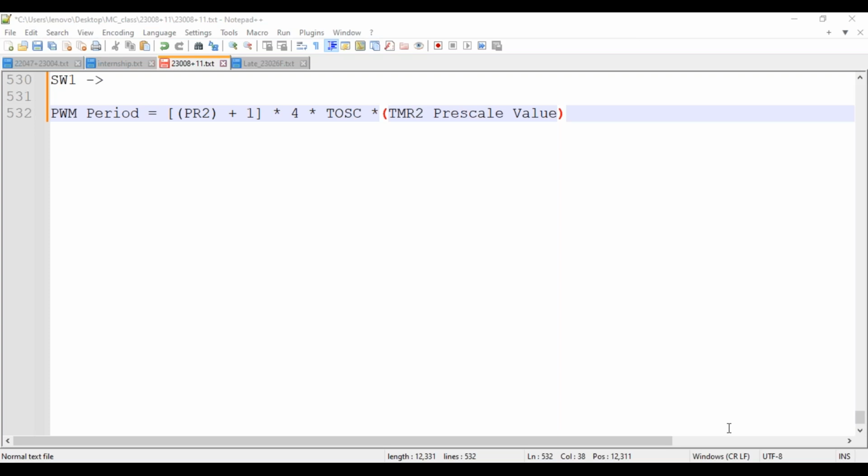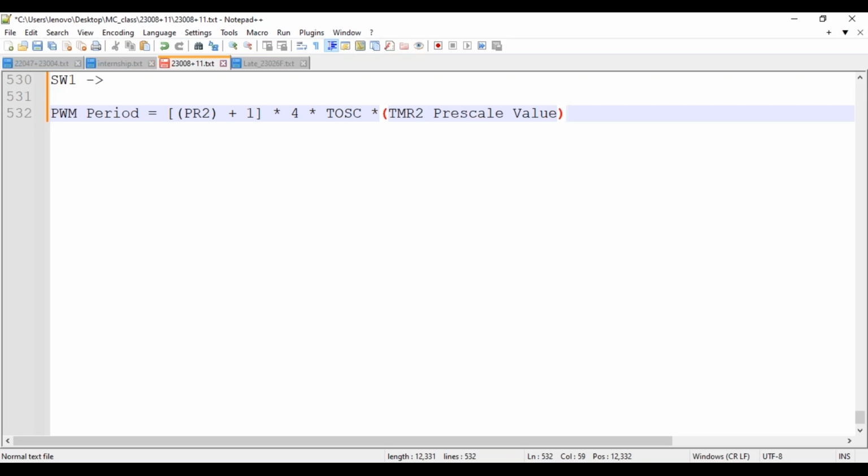Why for PWM are we using Timer 2, I mean PR2 only? If you remember, one feature of the timer module is that you can use the timer for generating the pulse width modulated waveform also.